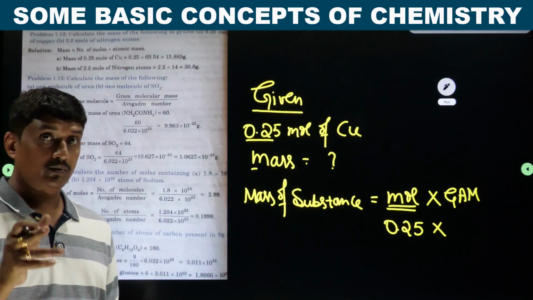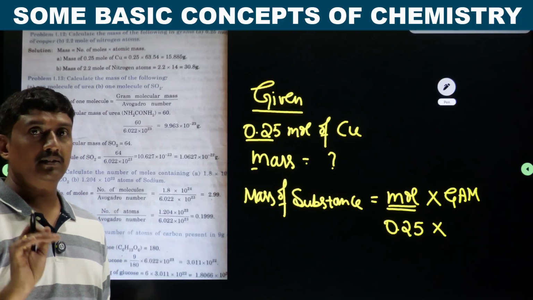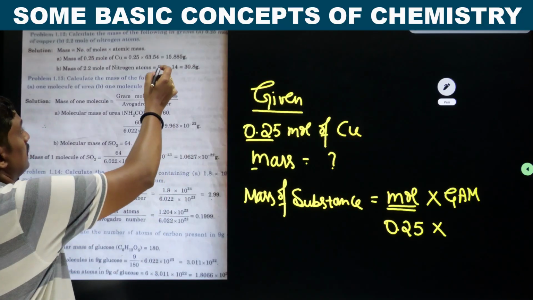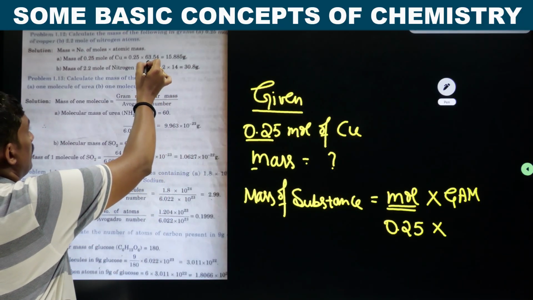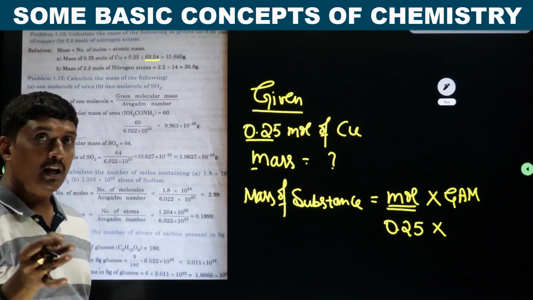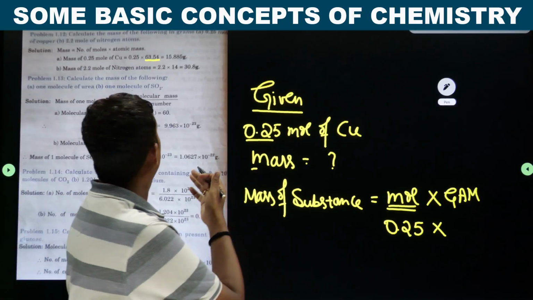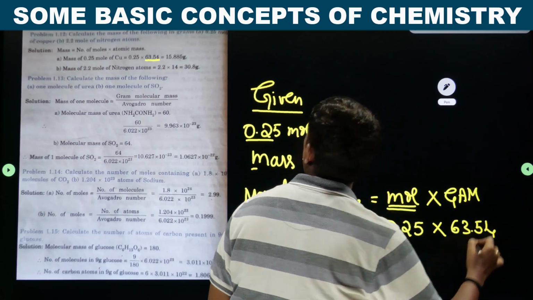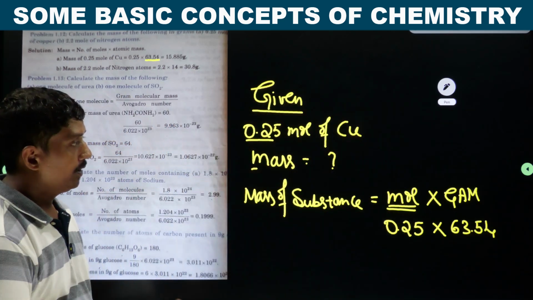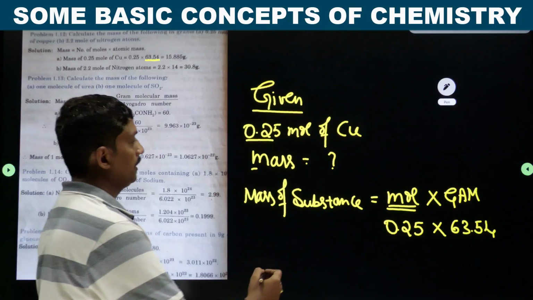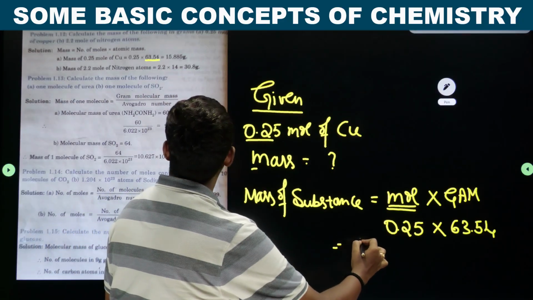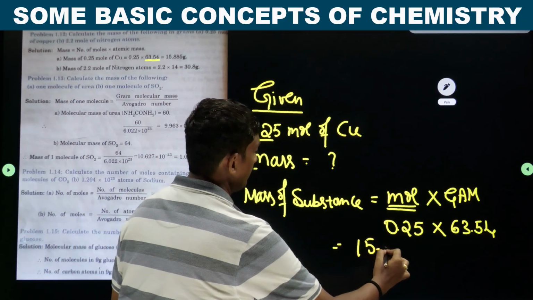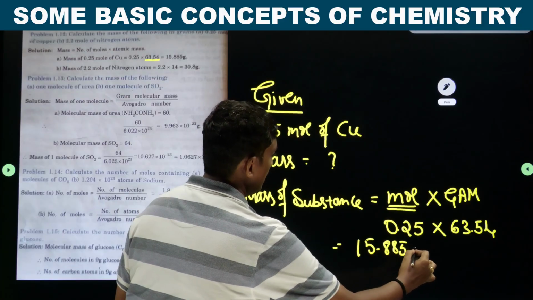You should know. That's why I said to learn at least 30 elements. Here it is given: 63.54 is the gram atomic mass of copper. That is 63.54. Now multiply. We get 15.885.